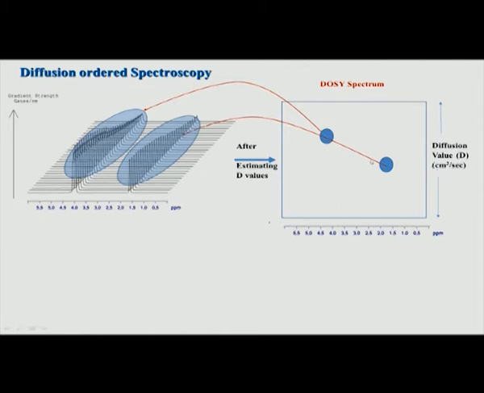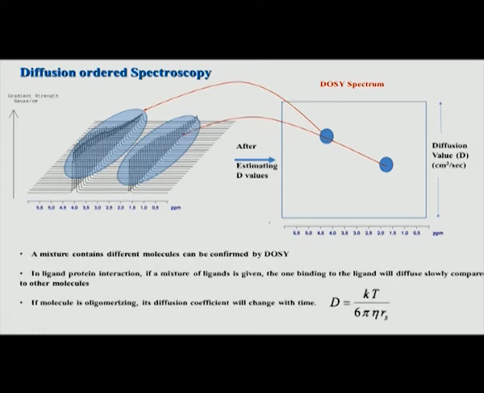If you have two different molecules, from the 1D you cannot make out, unless you do a 2D, that there are two molecules, but by simply doing this DOSY experiment you can say that this is one molecule and this peak belongs to another molecule, because if they were the same molecule they should have been on the same line, meaning they should have the same D value, but the diffusion values are different and hence they can be called different molecules. So, this is how DOSY is applied.